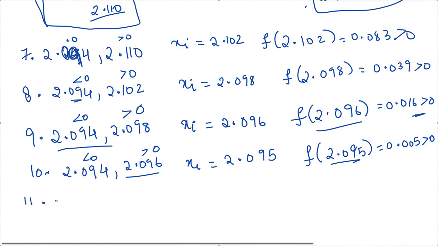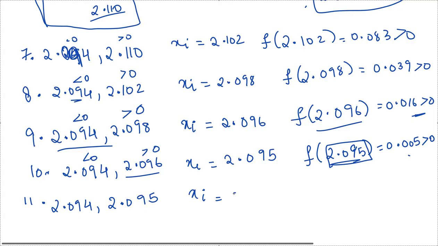So 2.094 and 2.095. Since we have got this f value as greater than 0, from the previous interval we will take something less than 0. Now what is xi? 2.094 plus 2.095 divided by 2.